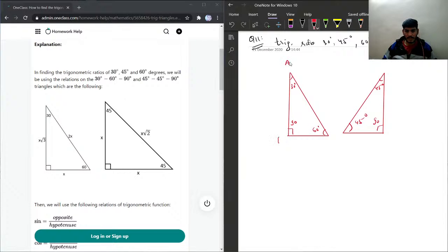Let's say A, B, C, D, E, F. And the length here is given 2x, x root 3 and x, and here is x root 2. This is x and this is x.